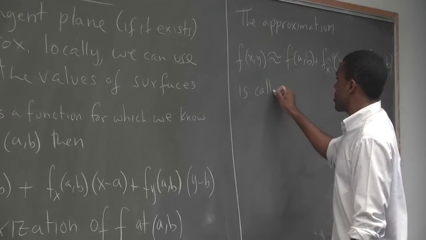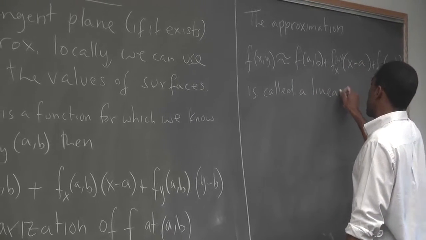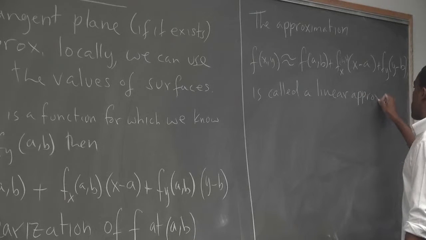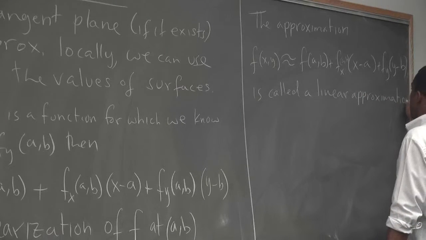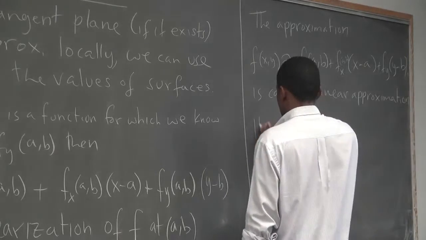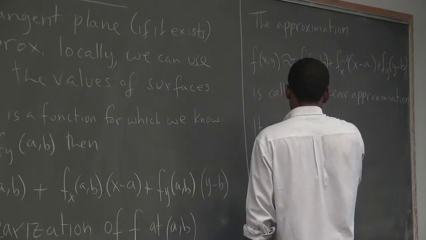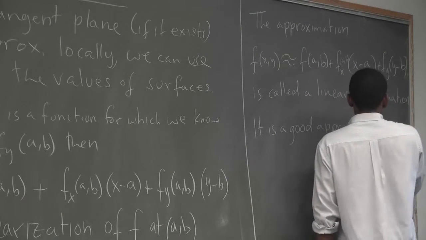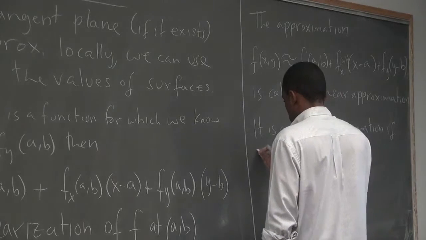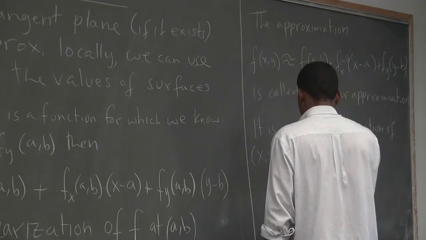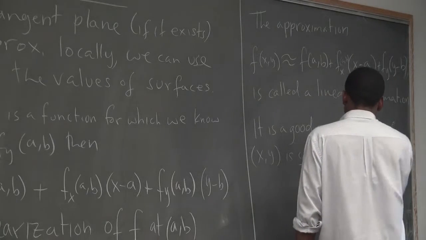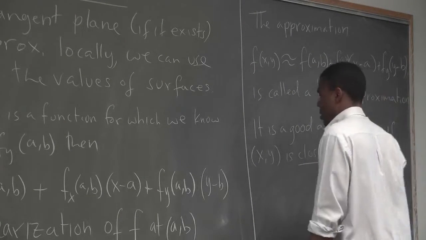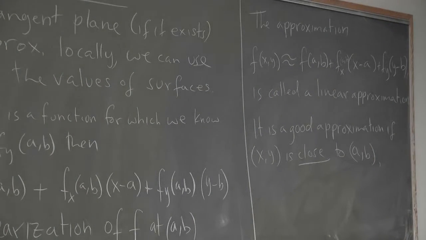This is called a linear approximation. The closer your point is to the values that you know, the better the approximation is. So let's do an example.